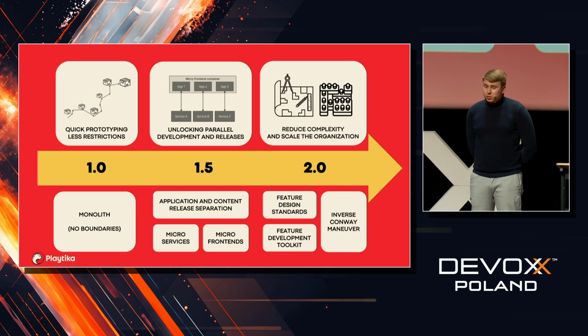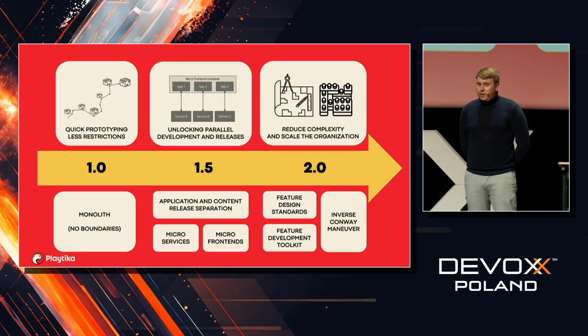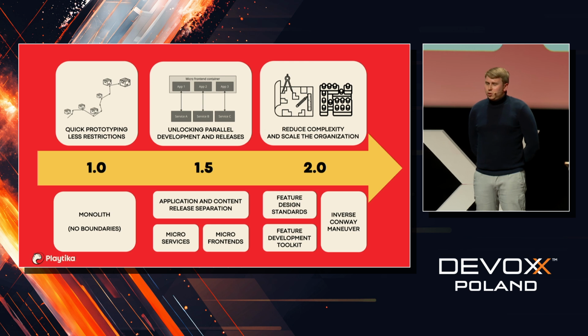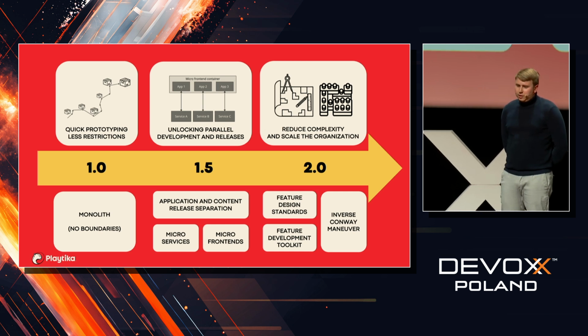So it made no sense at this moment to build some complicated architecture. We just needed to prove the idea really quickly. Then, when the business value was proven, there were a lot of new people joining the team, a lot of new stakeholders, a lot of new feature requests. And we focused on solving the problem of parallel development and releases.